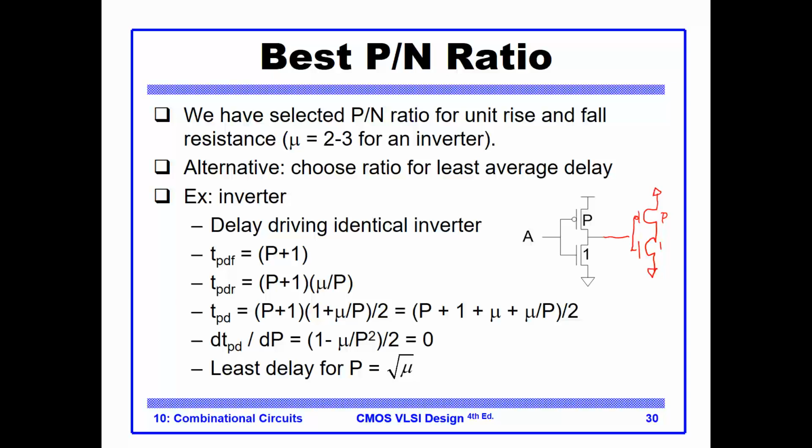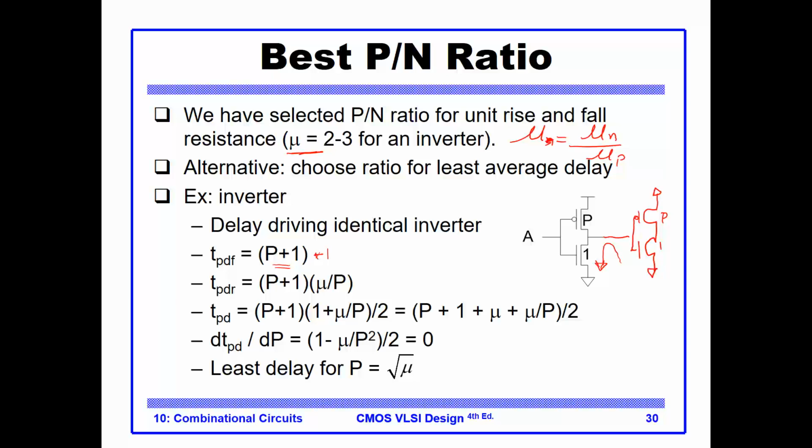Also notice that mu here is the ratio of the mobility for the NMOS over the mobility of the PMOS. Now, in terms of the fall delay, I know that the fall will happen through the NMOS transistor, so I multiply the resistance here, which is 1, times the capacitance here, which is P plus 1.